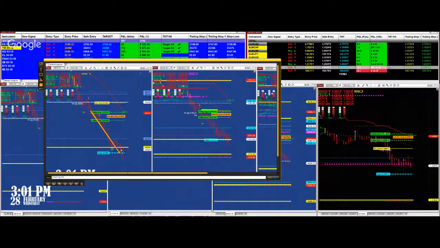And the pullback is expected to be somewhere straight to your re-entry point right there. The same story here, gentlemen. We had a sell entry, we hit the target, and now on the pullback, this is where you need to re-enter the market, right there. This is your magic number to re-enter the market.